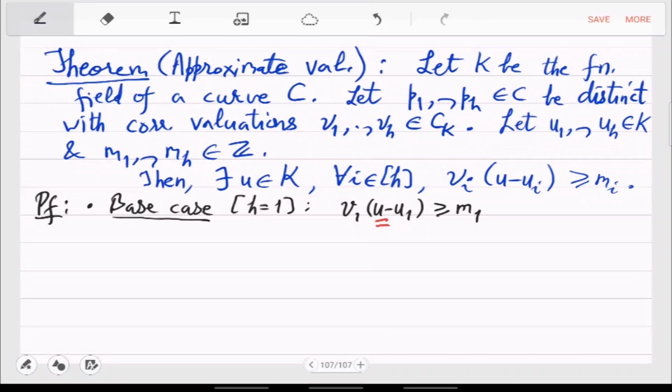Everything else is known. The point is given, u1 is given, m1 is given. Can you find a function f such that v1 of f is at least m1? Of course you can: take the uniformizer of the point P1 and raise it to m1. The uniformizer needs a name; let's call it alpha 1 maybe.